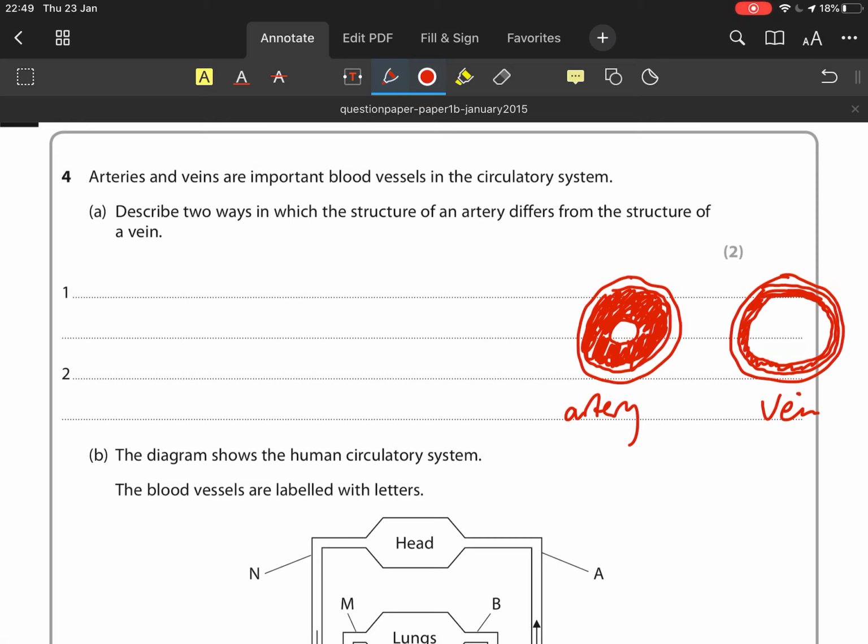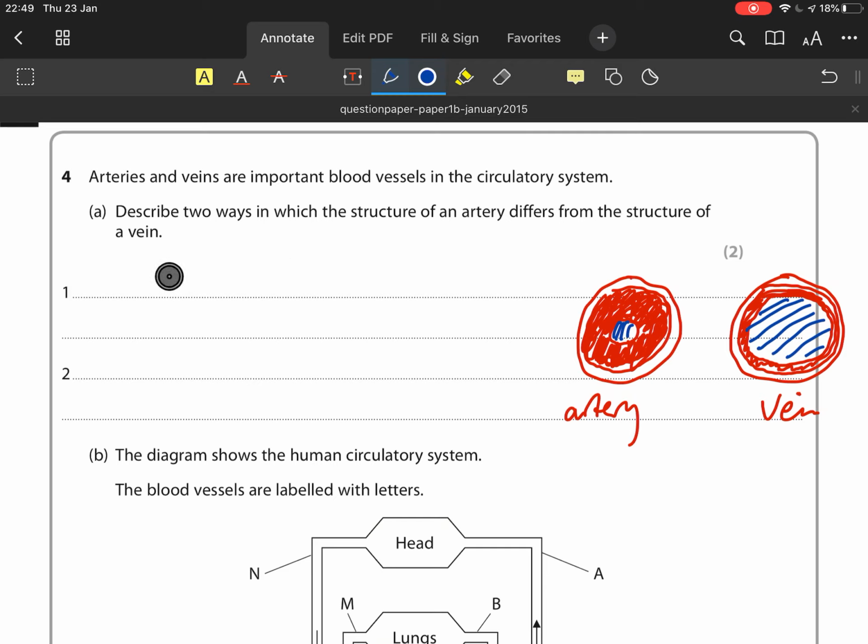Because it's got that thicker muscular layer, it ends up having a smaller lumen, the lumen being this area here, whereas a vein, because it's got less muscle, has a larger lumen. That's just the space inside the vessel. So those would be our 2 points.